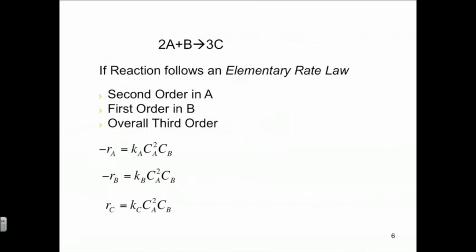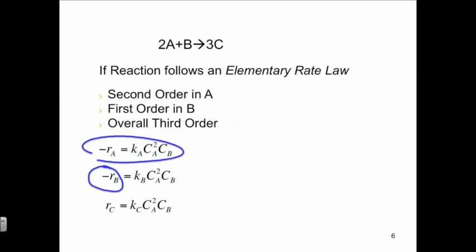We can also write our rate laws relative to other species as opposed to just writing them with relation to the disappearance of species A. For example, using the same equation, 2A plus B goes to 3C, we could look at it with respect to the rate of disappearance of species B. Then, instead of the one we've already derived, what we'll have as our rate law is that the rate of disappearance of B is equal to k_B this time, and then C_A squared times C_B.